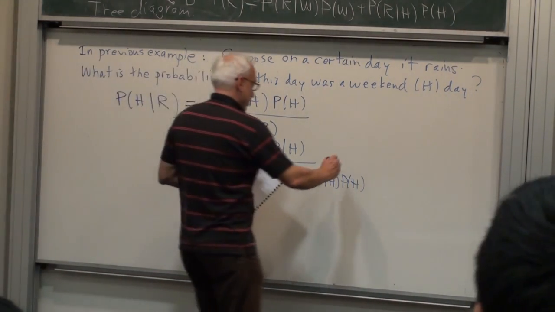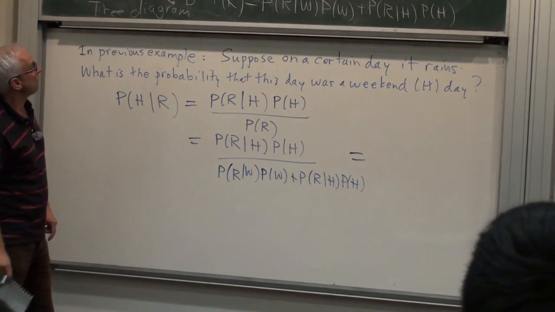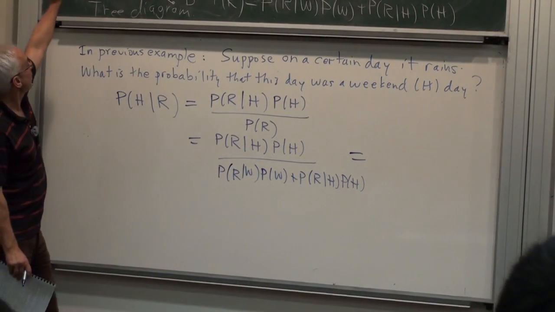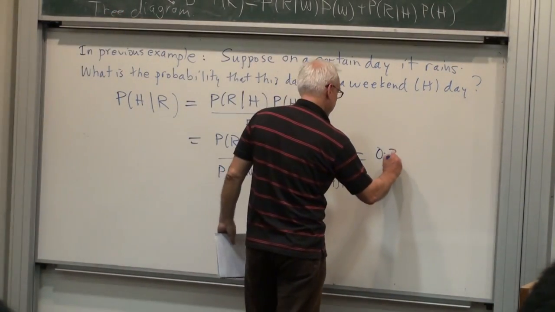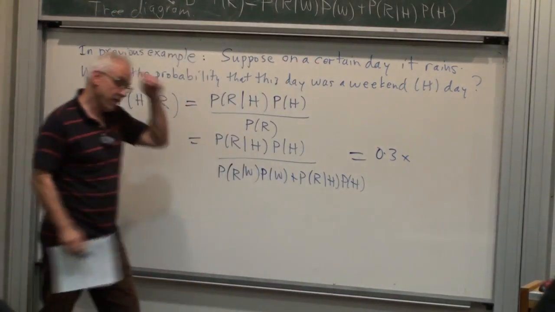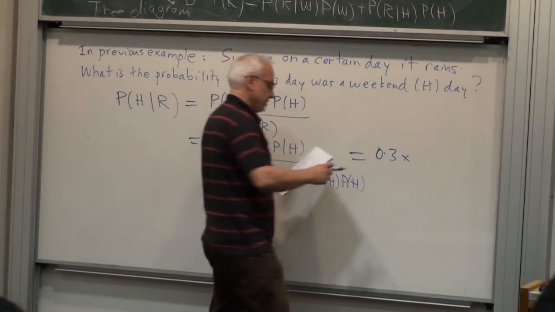So this amounts to the probability of rain given home. We've seen what that is. That's this branch right here. It's 0.3. The probability of being a home day, a weekend day, is 2/7.